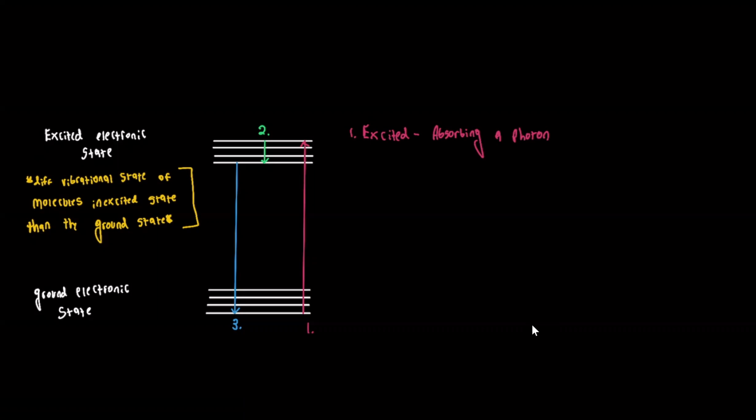Two, our next step, we have relaxation to a lower vibrational state. So relaxation, but we're still in the excited state. And then finally, we fully relax back down to ground state.